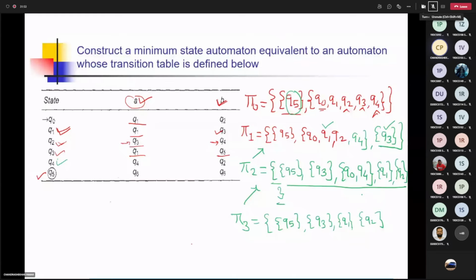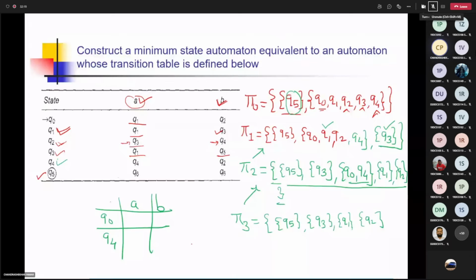Now the remaining is Q0 and Q4. We have to check here also whether Q0 and Q4 are still equivalent to each other or not. When we are preparing the pi3, we have to look into the pi2. Clear?